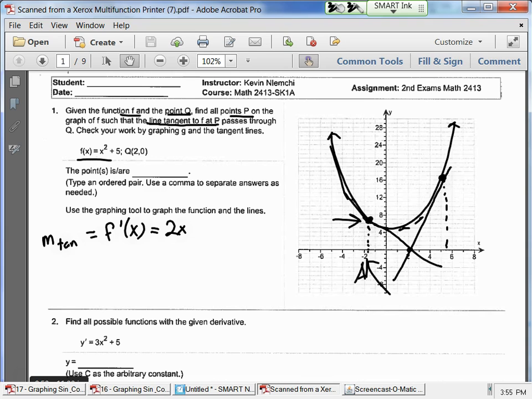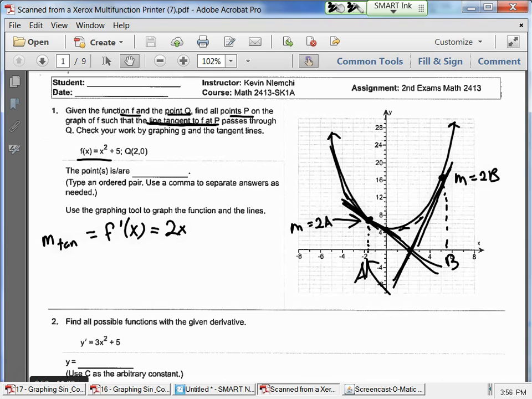If this point right here is a, then the slope of that tangent line would be 2 times a. And over here on the other side, if I call this b, then the slope of that tangent line would be 2 times b. Based on the formula, it's always 2 times whatever the x value is.